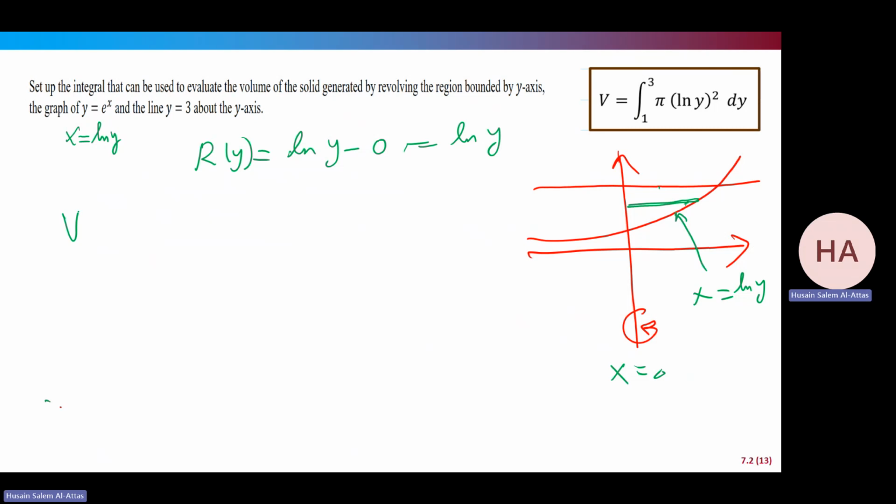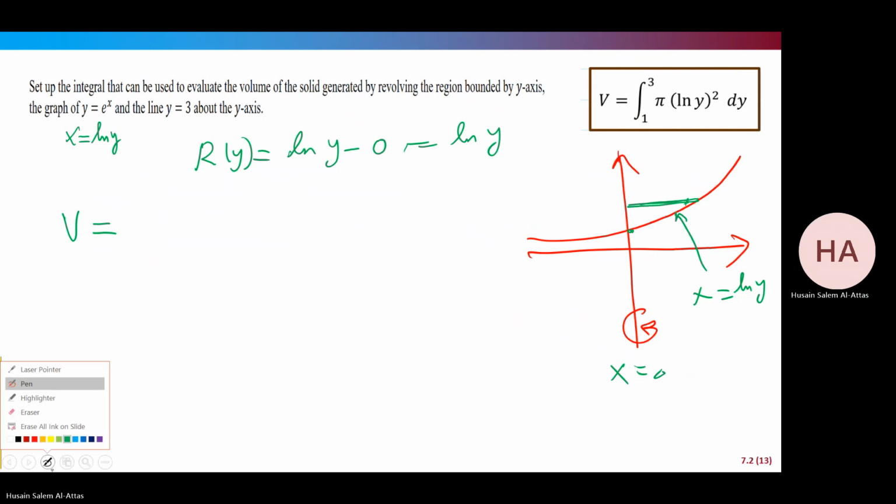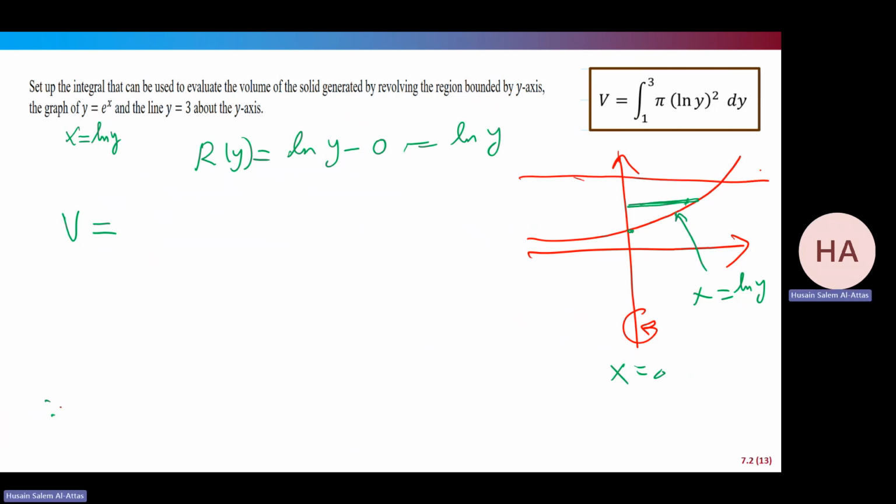Okay, so what will be the volume? And from where to where? I'm talking about the y values. So it's from here, since I'm doing the lines like this. This is the line y equals 3.